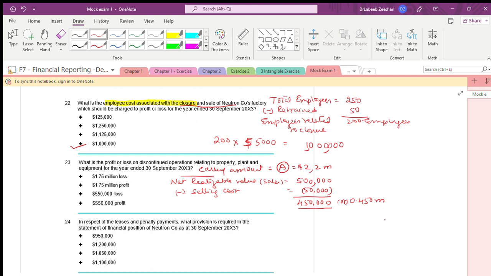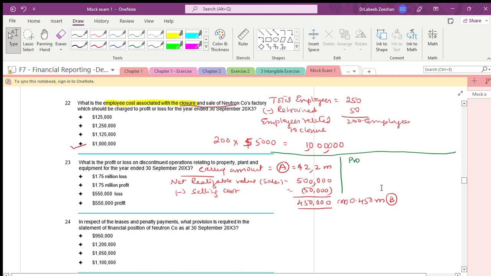This is B. Now what is the profit or loss? A is the carrying amount, 2.2 million.